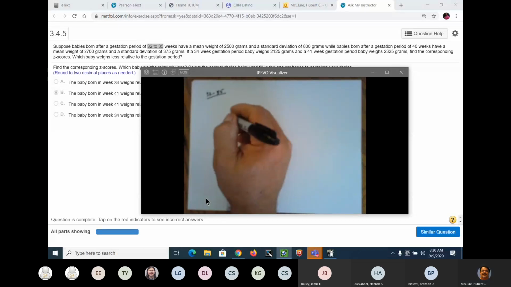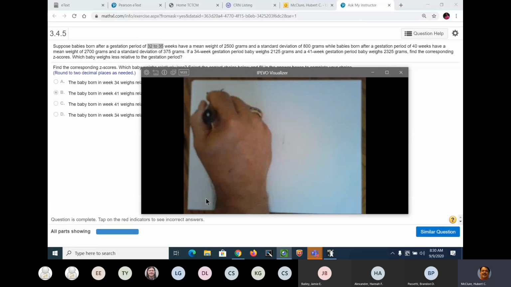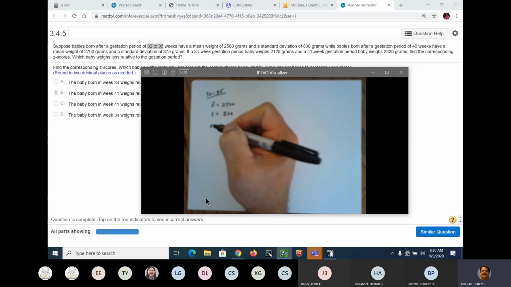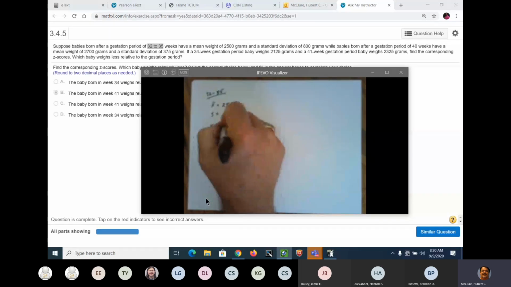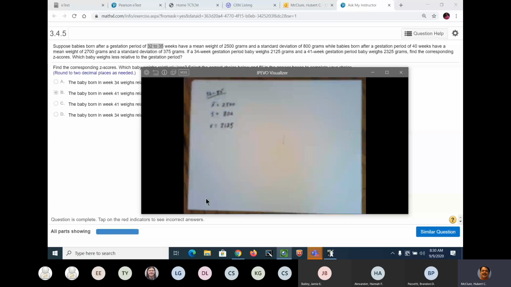They have a mean, so X bar is equal to 2,500, and S is equal to 800, and your X is equal to, let's see, where's the first one? If a 34-week gestation period baby is 2125. Okay, so there's your information for the 32.